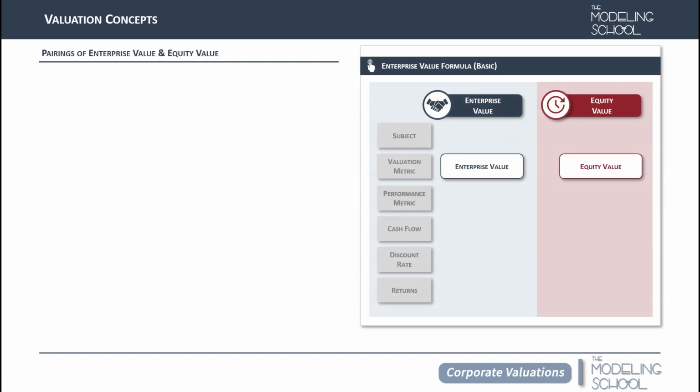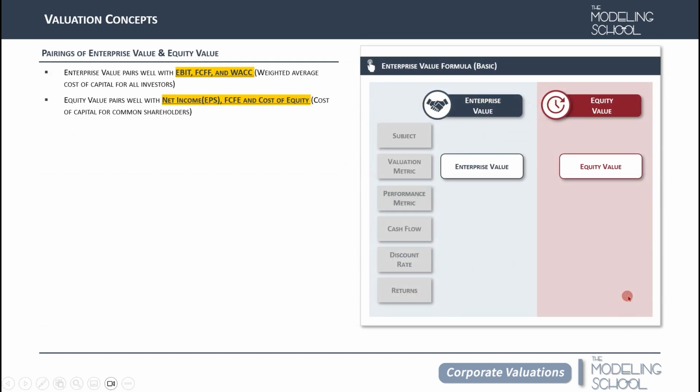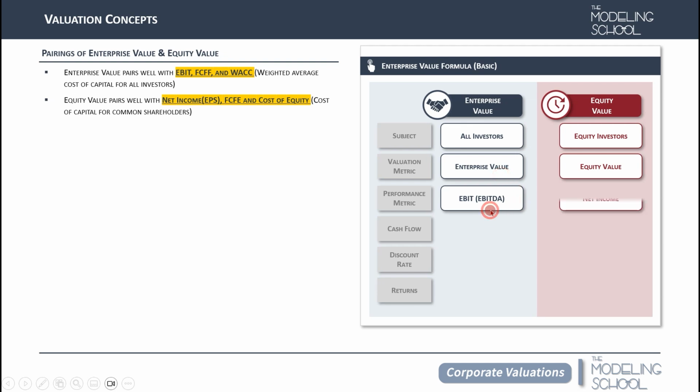And lastly, let's briefly discuss how enterprise value and equity value align with certain financial metrics. As I mentioned before, enterprise value, because it's from the all-investors point of view, matches well with EBIT and EBITDA. Equity value goes well with net income or EPS.